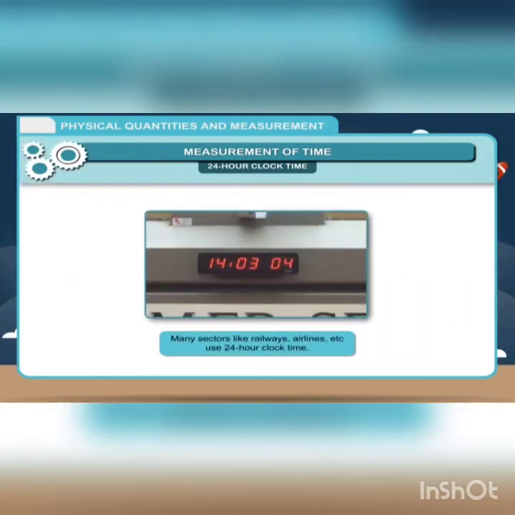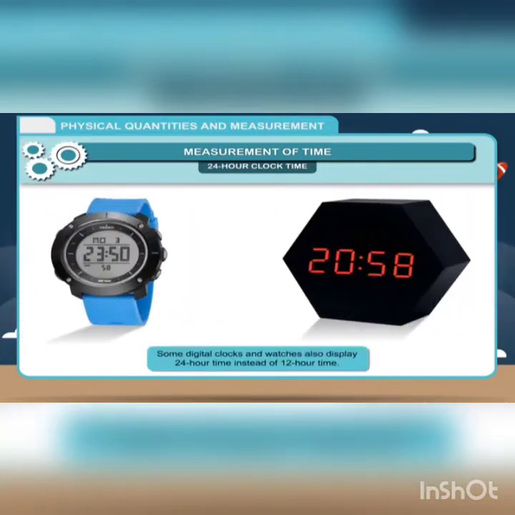Many sectors like railways, airlines, etc. use a 24-hour clock. Some digital clocks and watches also display 24-hour time instead of 12-hour time. In this clock, time is not repeated on the same day and no AM or PM is used.